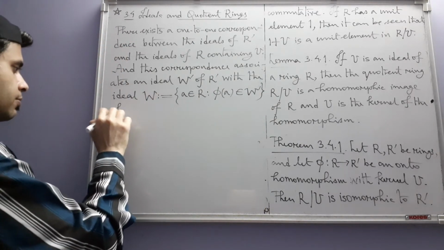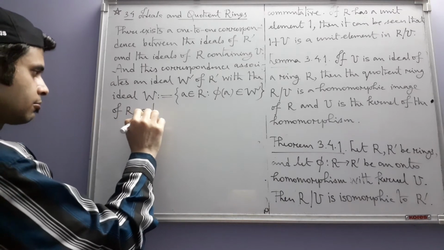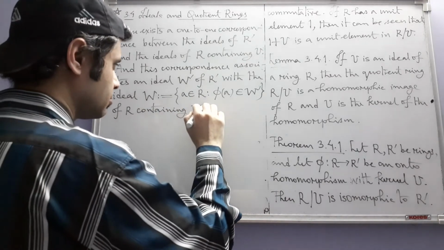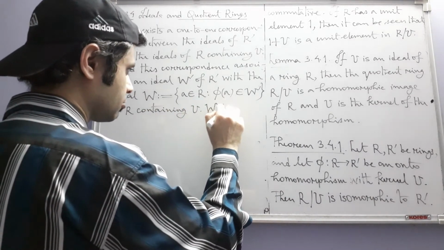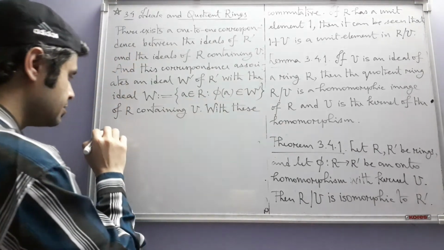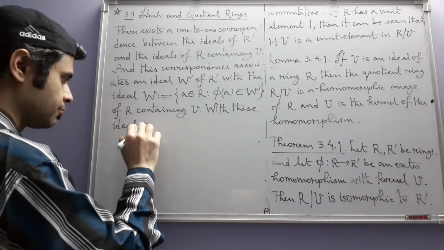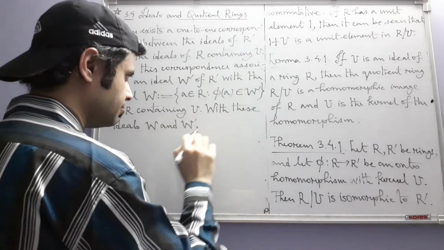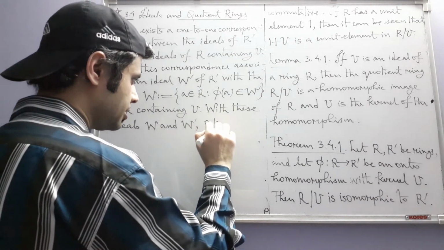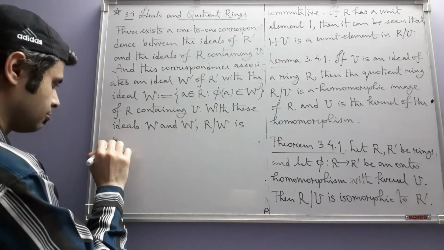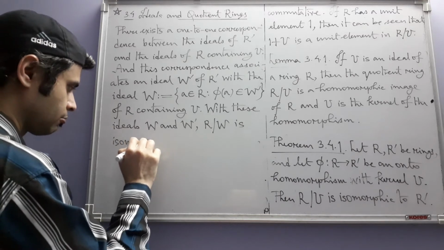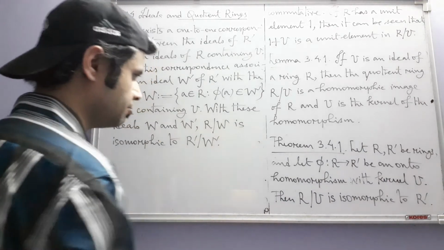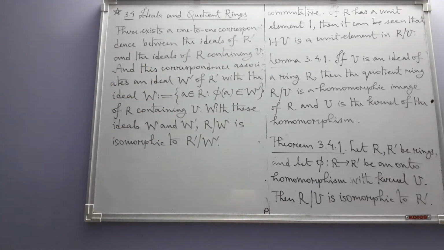It is an ideal of R containing U. With these ideals, W and W prime, R by W is isomorphic to R prime by W prime. So this is the statement in its entirety.